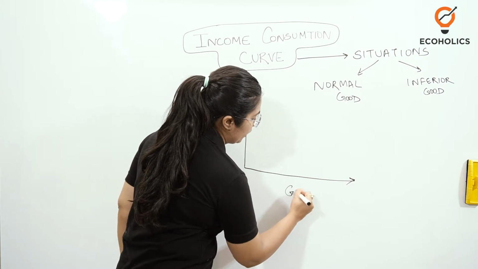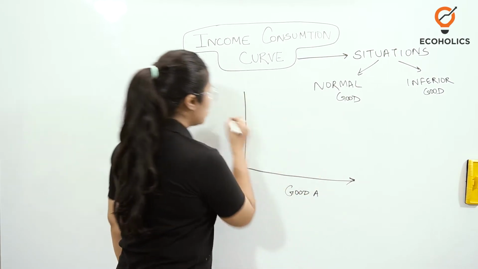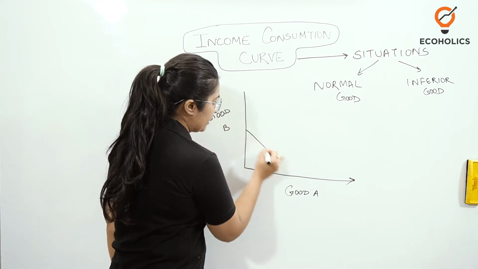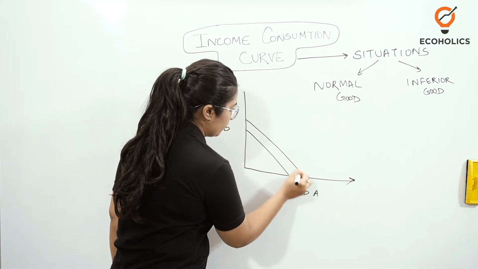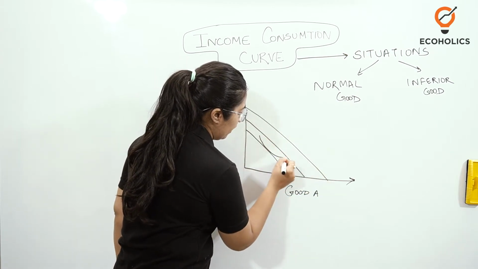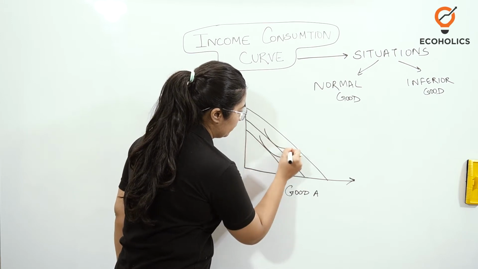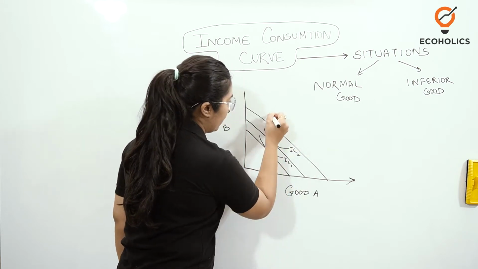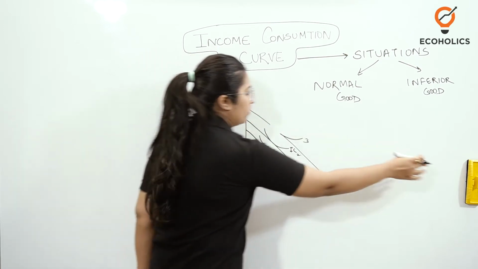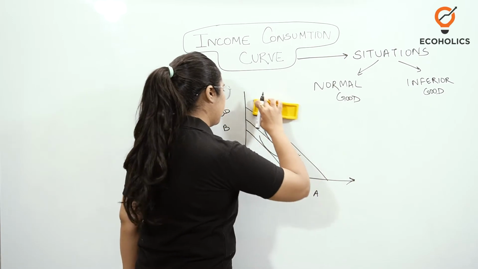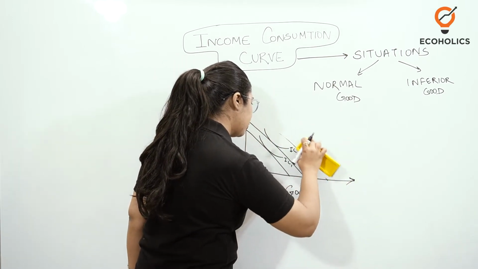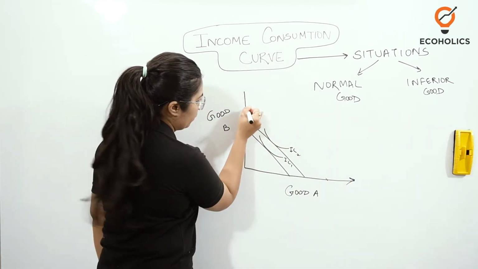So there was commodity A as well as commodity B, and we had various price lines. And indifference curves as well, IC1, 2 as well as IC3. I'll draw that again because that was not quite tangential.